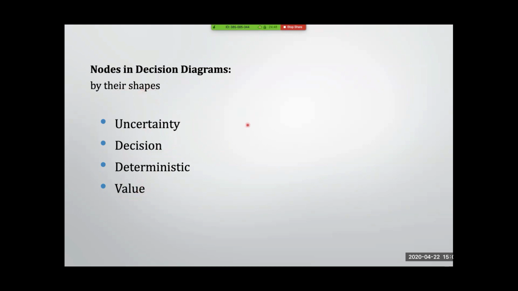If you see a single-lined oval shape in a decision diagram, you would know it represents something uncertain. It represents a distinction. If you see a double-lined oval shape in the decision diagram, you would know that that distinction is deterministic. There's no uncertainty about it.